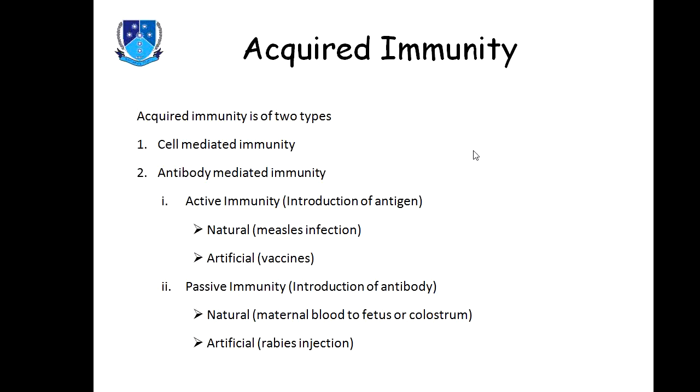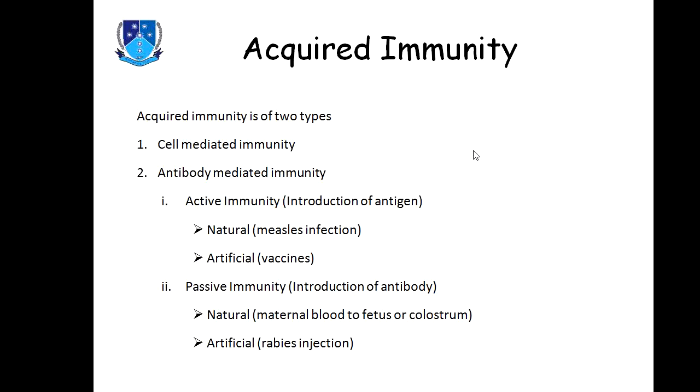In innate immunity, you will not show any sign or symptom of disease, because at the first exposure the microbes are killed, while in acquired immunity, at the first exposure the host gets the signs and symptoms of that disease, because during the first exposure the acquired immunity is in the development stage.